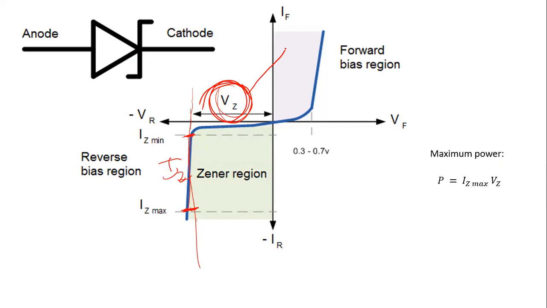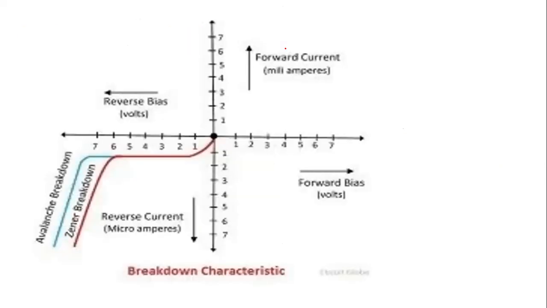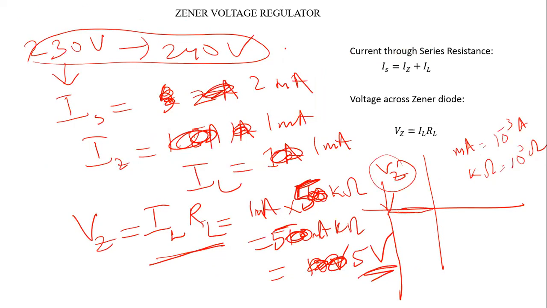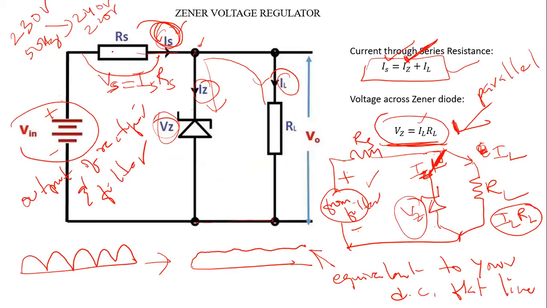So whatever line fluctuation results in an increase or decrease of series current Is in the circuit also results in an increase or decrease of the Zener current Iz, without any change in the Vz value and the potential appearing across your load resistance, IL into RL.